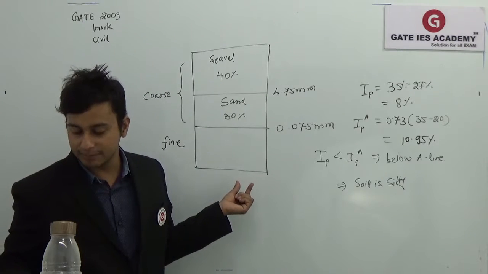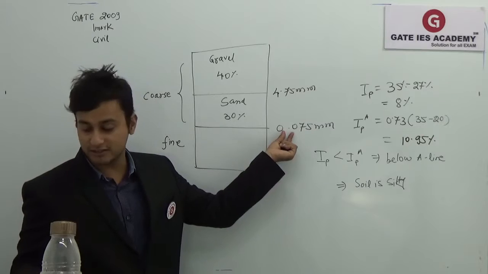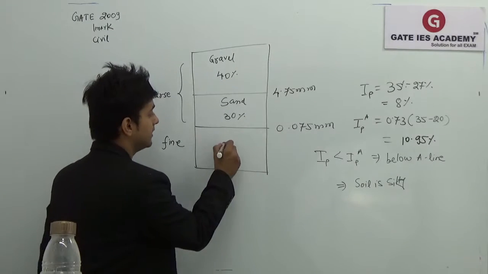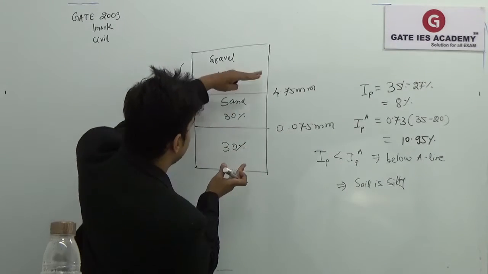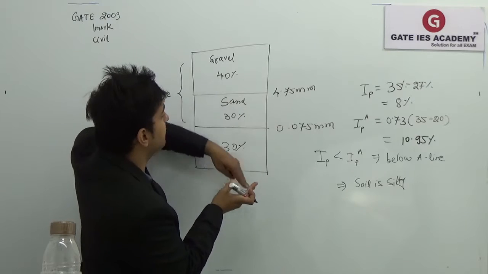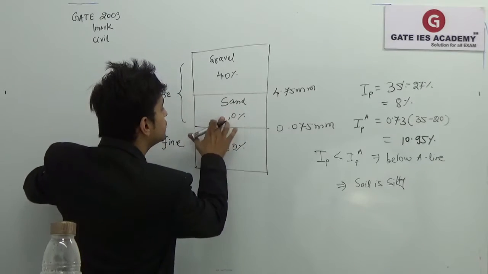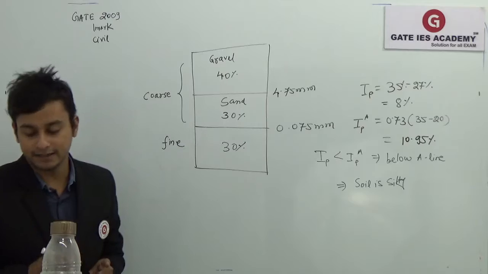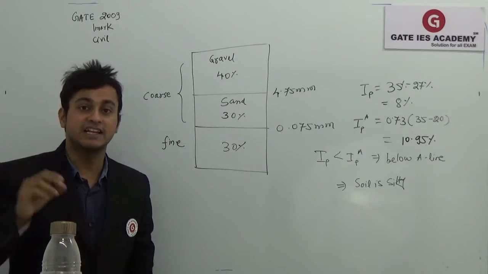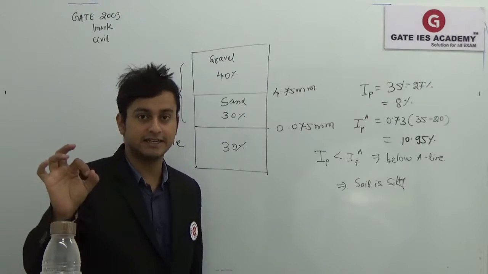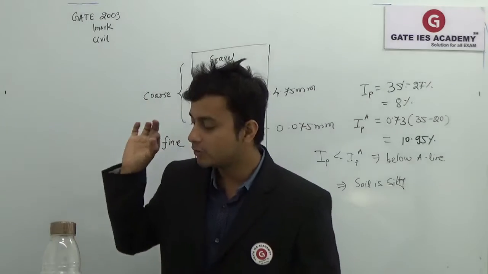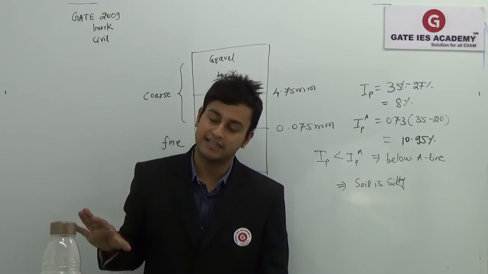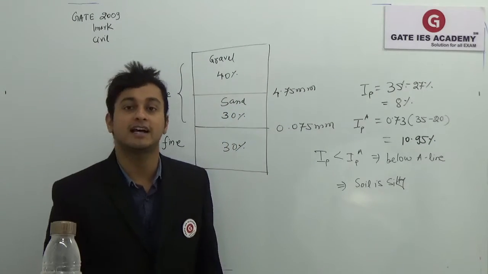And also they are saying that percentage finer than 0.075 mm is 30%. So net below this is 60% and below this is 30%. Therefore sand will be 30%. Next they are saying that liquid limit is 35% and plastic limit is 27%. That is what is given. They are saying to classify the soil.